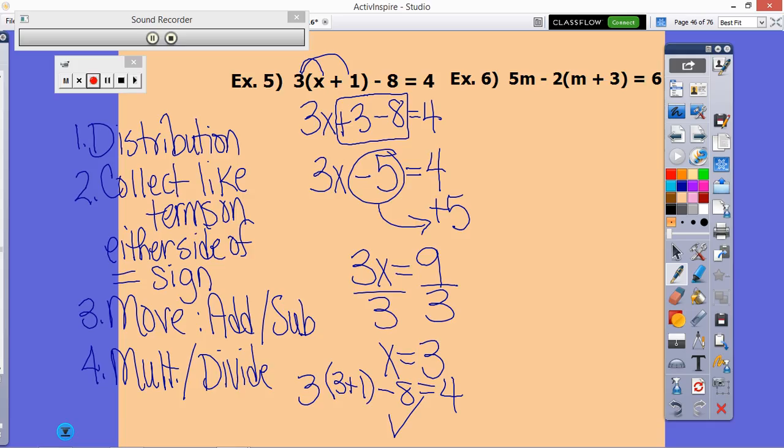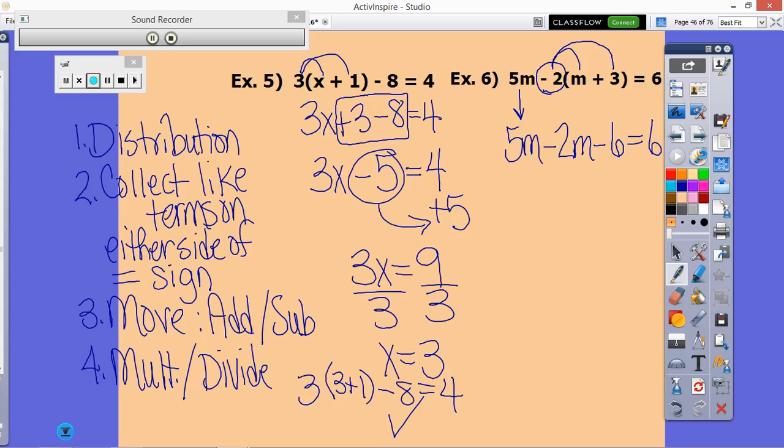As we move over to number 6, notice that the 5m is in front, but it's not the number that's going to be distributed. 5m is just going to come straight down. It's the negative 2 that's sitting beside the parentheses. So negative 2 times m is going to be negative 2m, and negative 2 times positive 3 is going to be a negative 6.